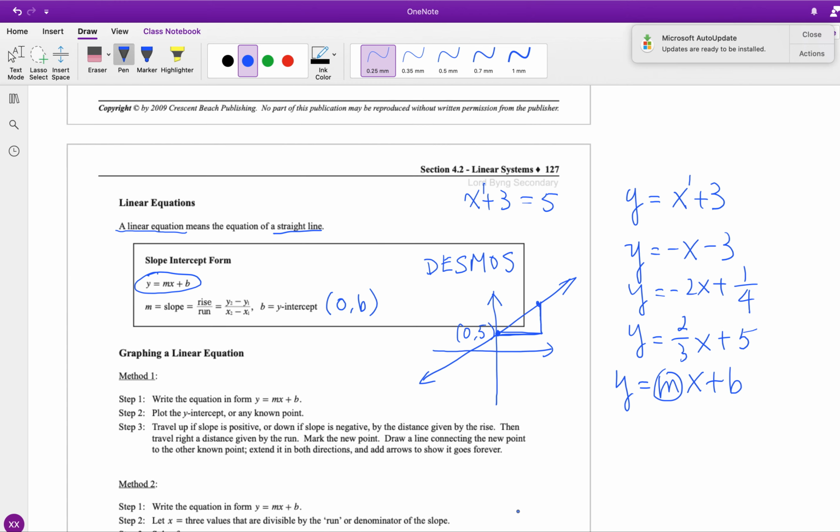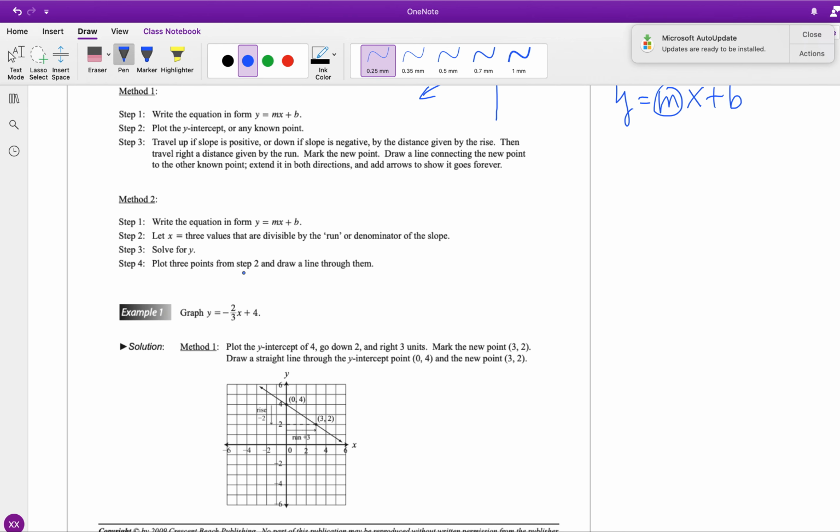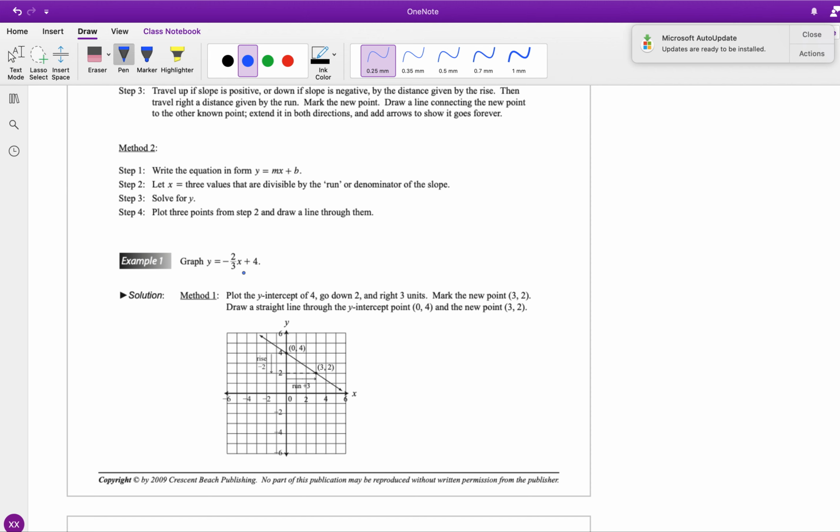Okay, so now in this section 4.2, the task is to graph a linear equation. I'll introduce two ways of graphing it. One way is called using a table of values. A table of values means I can let x be different values, and then y has other values, and then I can figure out where my points are.